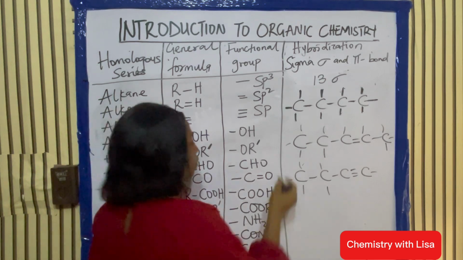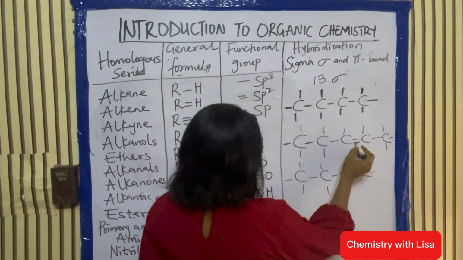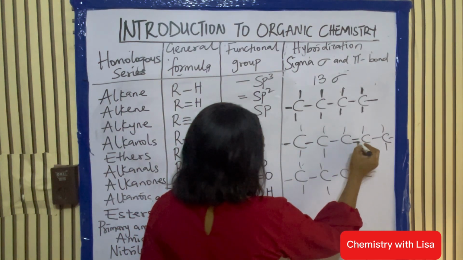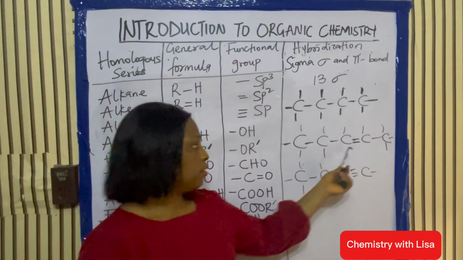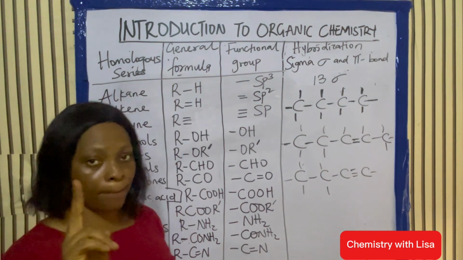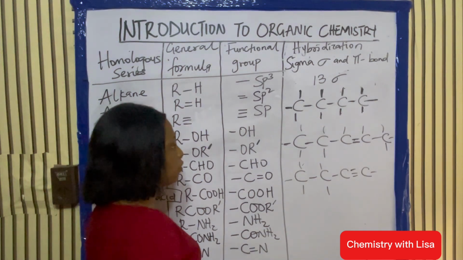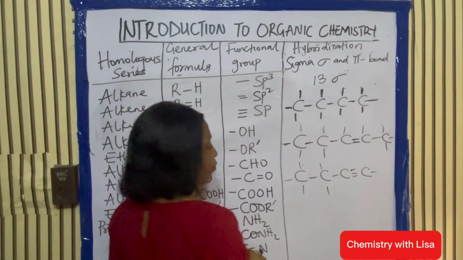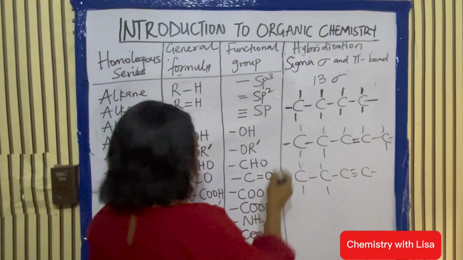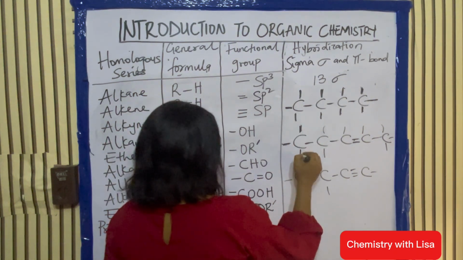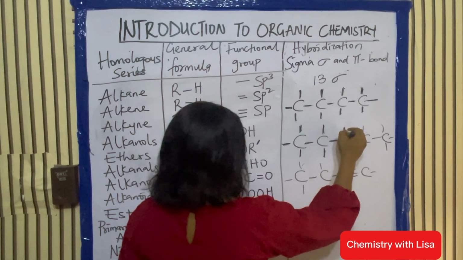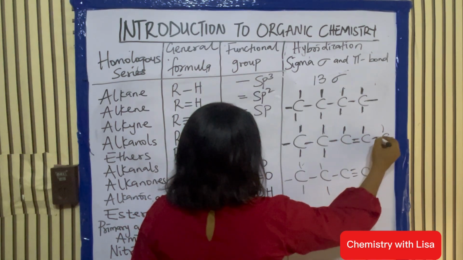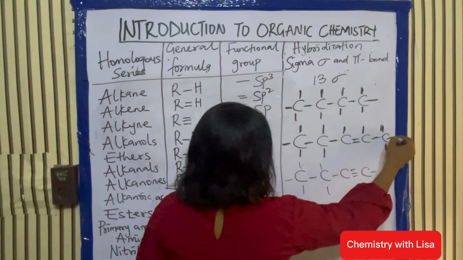Okay, so let's look at the second one here. Now looking at this second one, you can see that it has a double bond. That means the double bond here has 1 sigma bond and 1 pi bond. So let's count the number of sigma bonds and pi bonds here. So this would be 1, 2, 3, 4, 5, 6, 7, 8, 9, 10, 11, 12, 13.